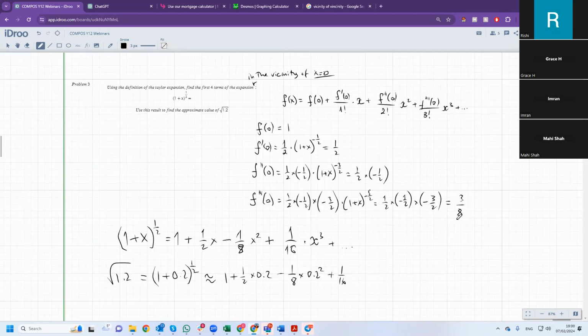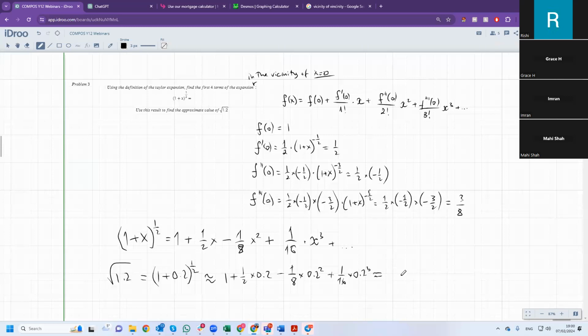So 3/8 times 6 times 1/6 is 1/16. 1/16 times 0.2 cubed, and that is equal to 1 plus 0.5 times 0.2 minus 0.2 squared divided by 8 plus 0.2 cubed divided by 16.